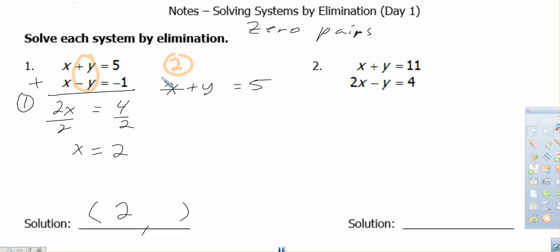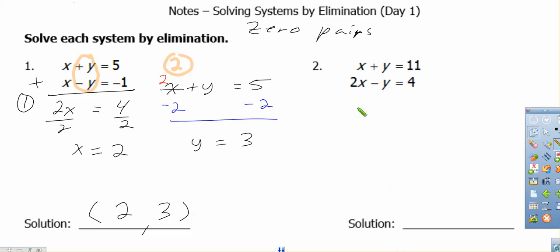If x is 2, this is 2 plus y equals 5. So if I subtract 2 from both sides, I get that y equals 3. So therefore our answer is 2 comma 3. Again, look for the zero pair. That's how your job gets easy.